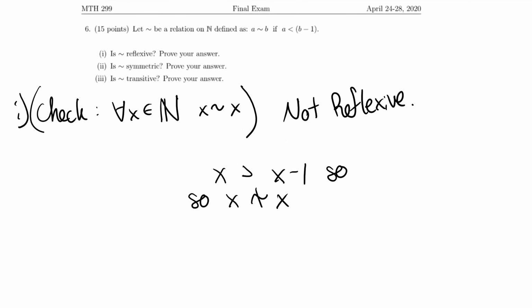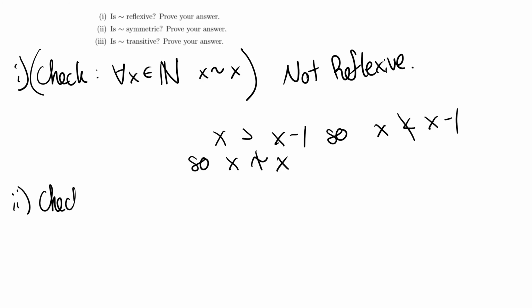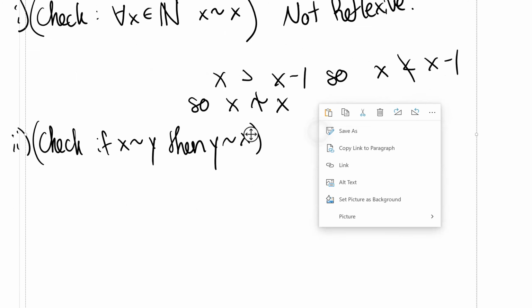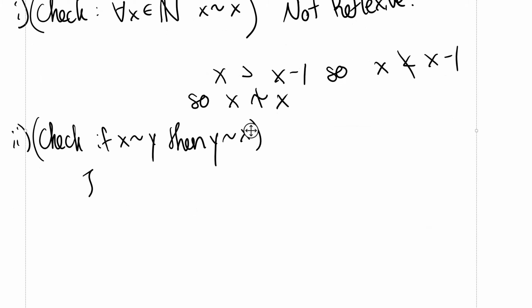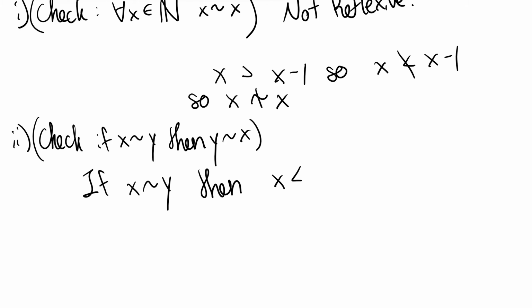Part 2, check if x twiddles y, then y twiddles x. That's what symmetry is. You want to assume the if part. So if x twiddles y, then x is less than y minus 1.